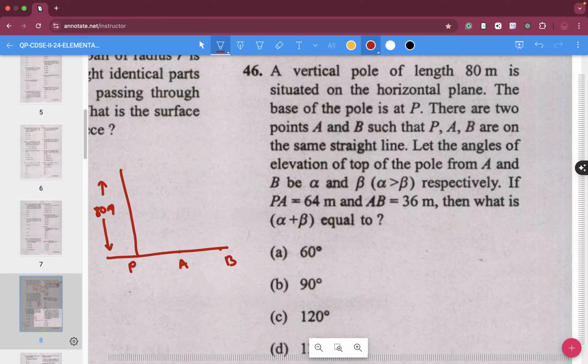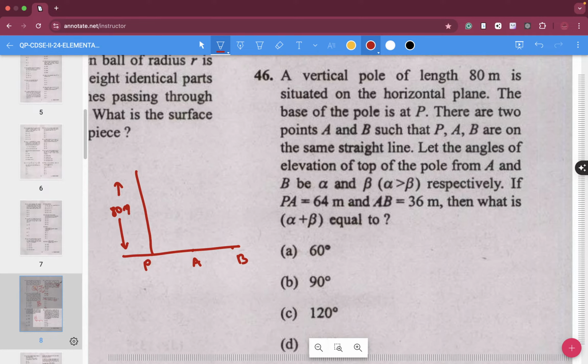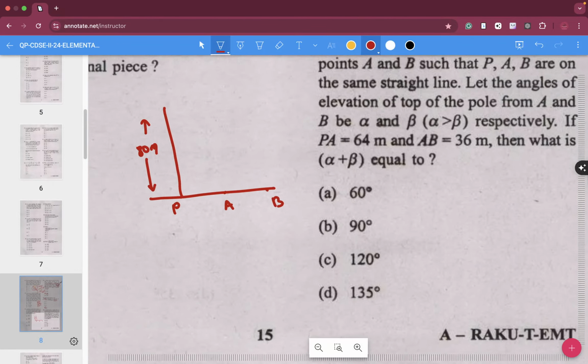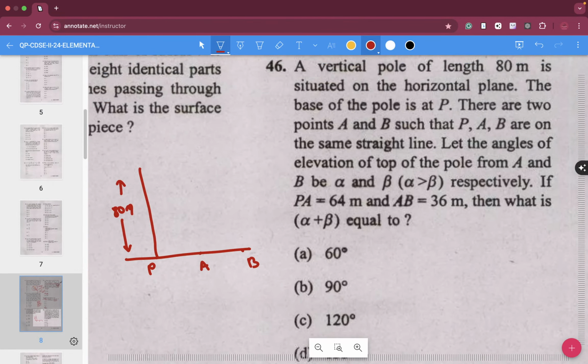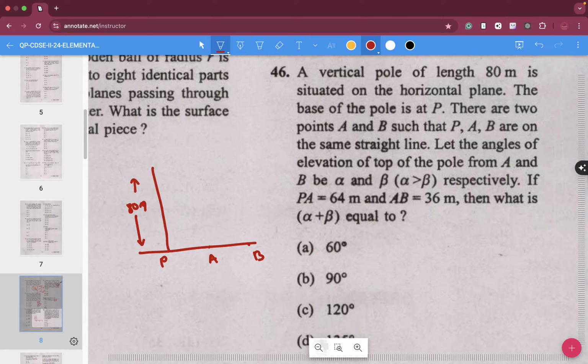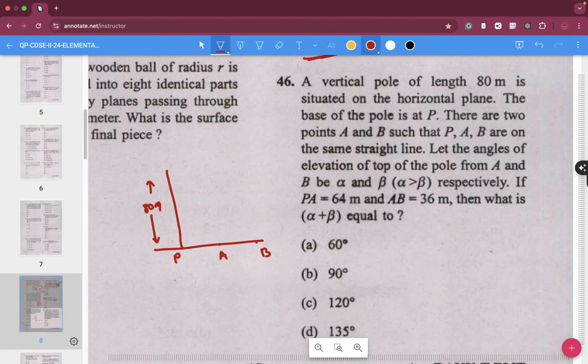Over here we have option D as well, that is 135. Let the angles of elevation of the top of the pole from A and B be alpha and beta.